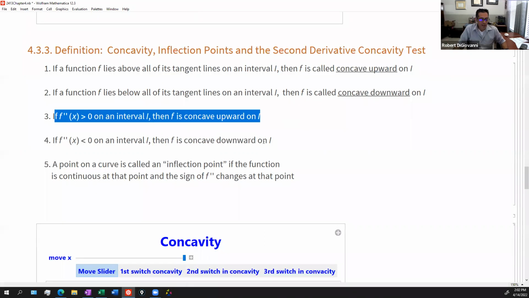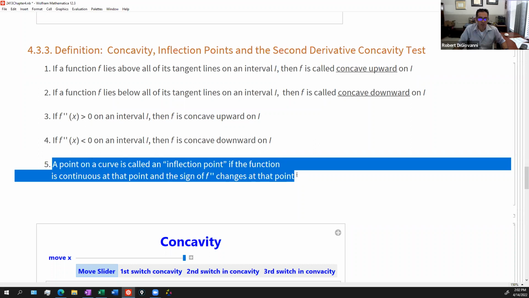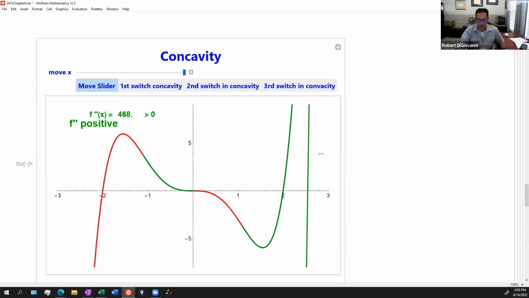Now, any point where you have a change in concavity, meaning you go from a smile to a frown or a frown to a smile, it doesn't matter which way, the point where it switches is called an inflection point. So when you look at this graph right here, it would have several inflection points.